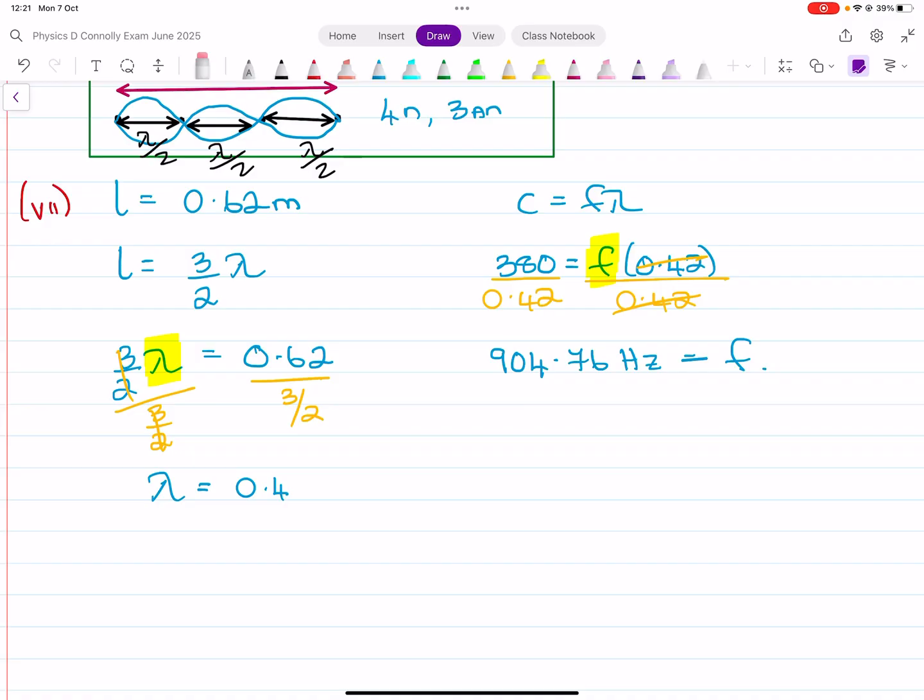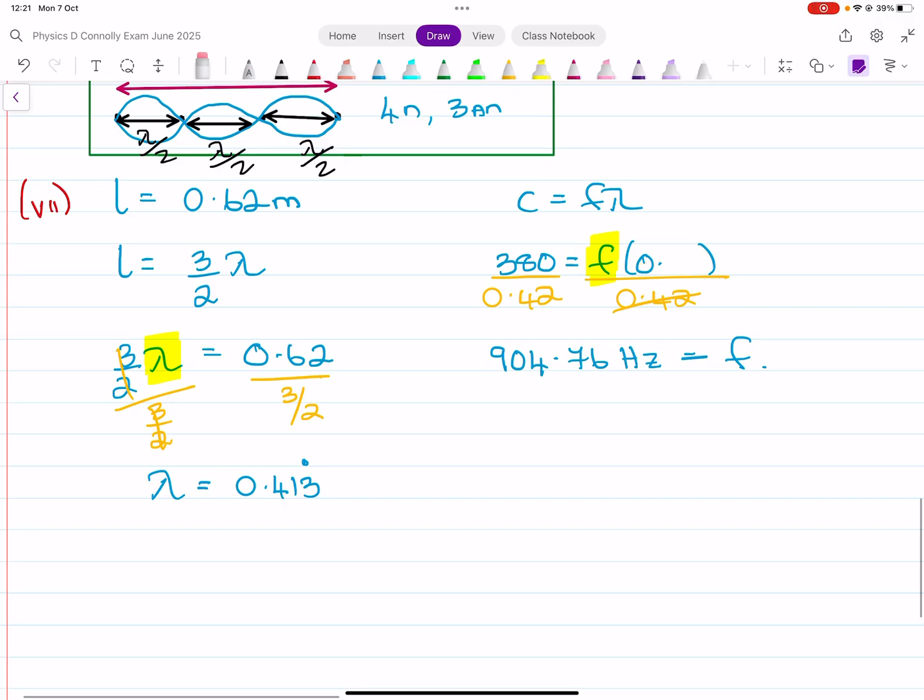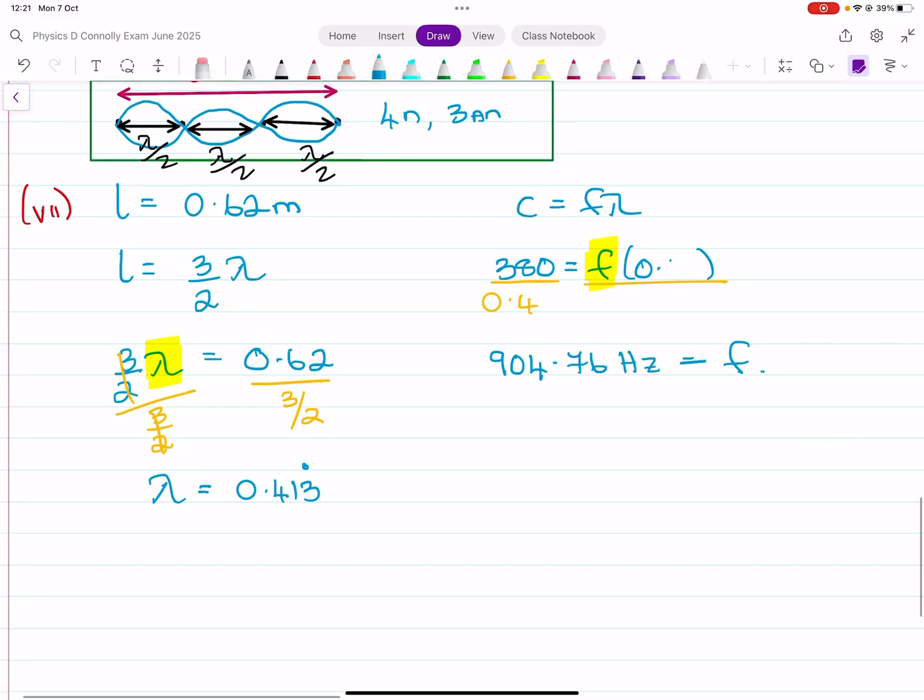Lambda is 0.413 recurring. So we cancel them, and 380 divided by that is 919.35, which is right.